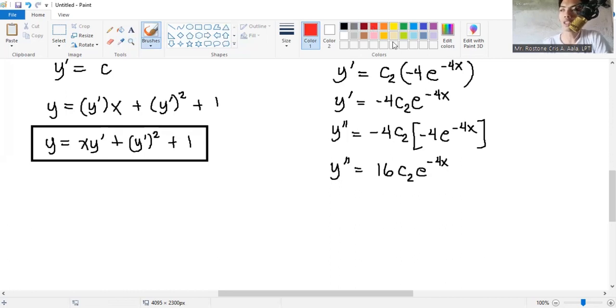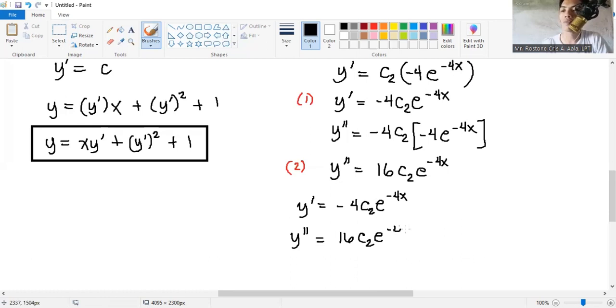Our equation 1 will be this one, and our equation 2 will be this one. Let us rewrite the equations. We have y prime is equal to negative 4 c sub 2 e raised to the negative 4x, and y double prime is equal to 16 c sub 2 e raised to the negative 4x.